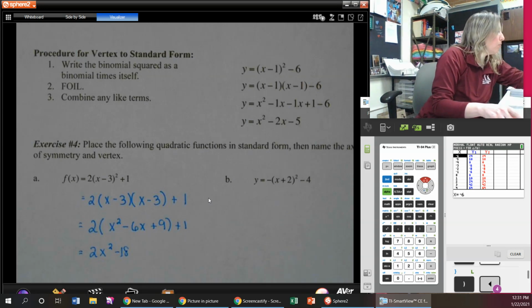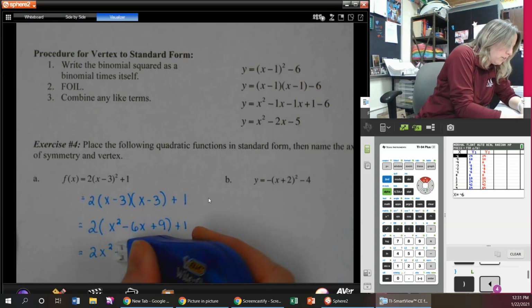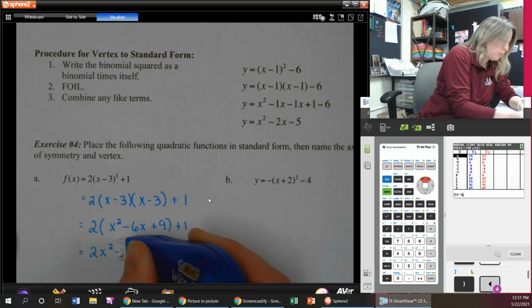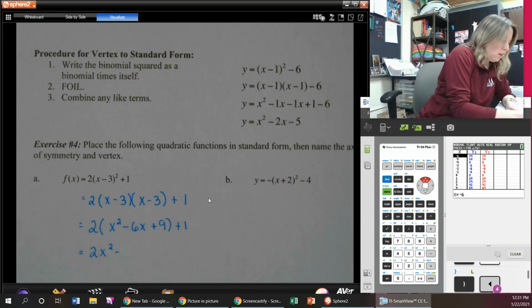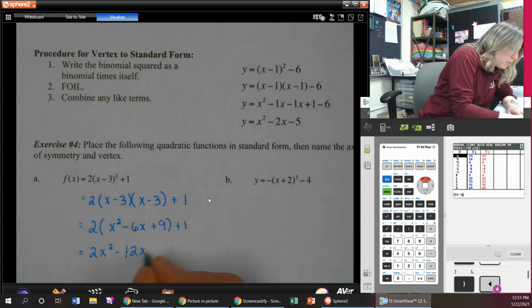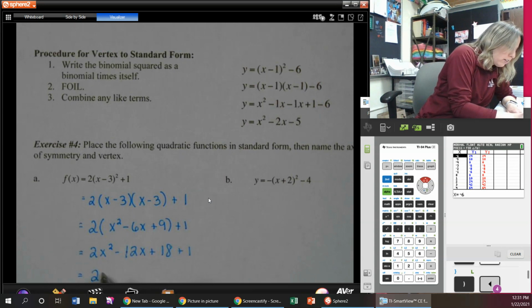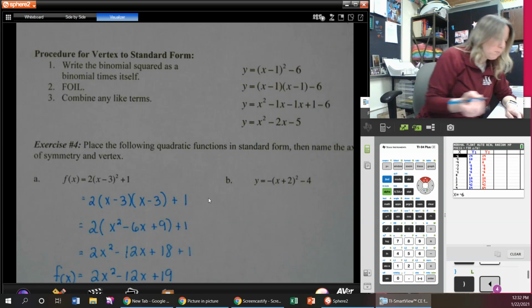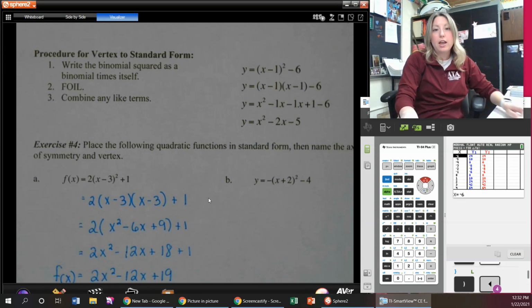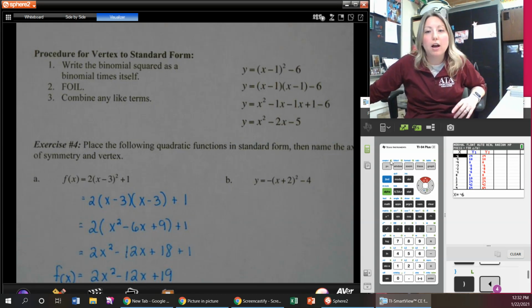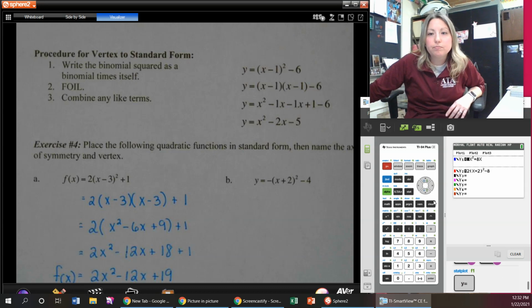Whoa, that's a 12. Why was I saying 8? That was weird, adding instead of multiplying, I suppose. Minus 12x plus 18, and then we add 1, and you get 2x squared minus 12x plus 19, the same quadratic.